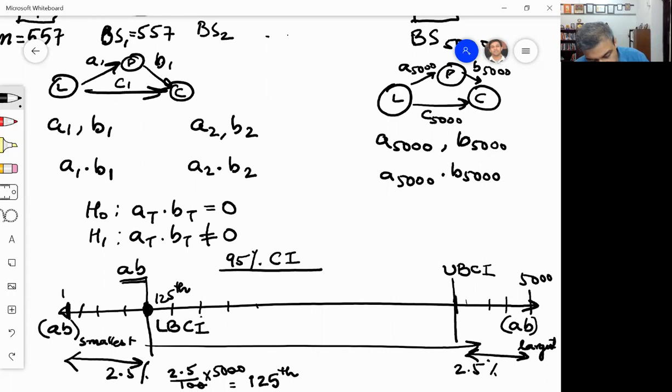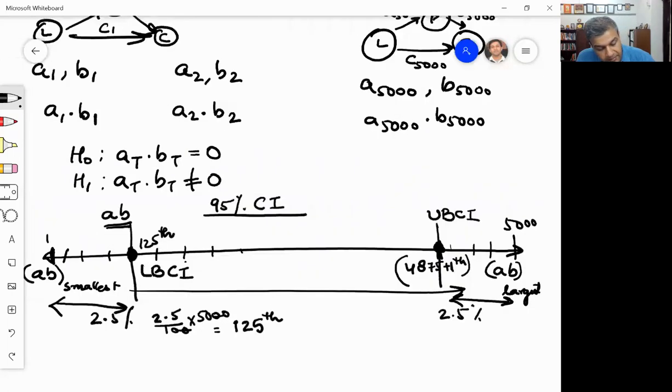Similarly, the upper bound will be the 4,875 plus 1th value on the right. So this value is going to become your upper bound of the confidence interval.